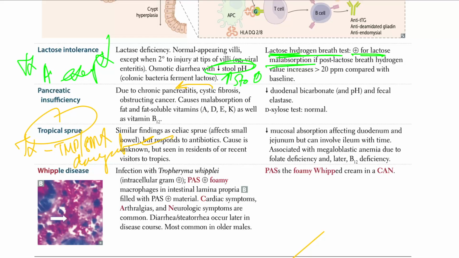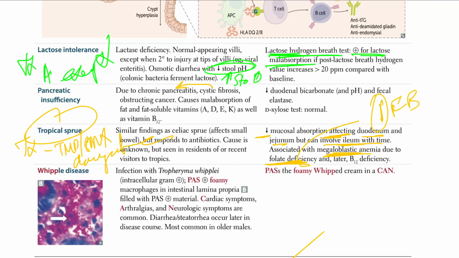Tropical sprue decreases mucosal absorption, affecting the duodenum and jejunum, but can involve the ileum with time, associated with megaloblastic anemia due to folate deficiency. So remember the folate: iron, fist, bro.